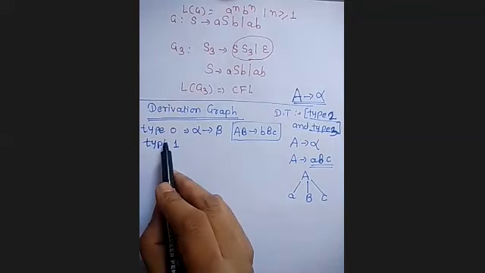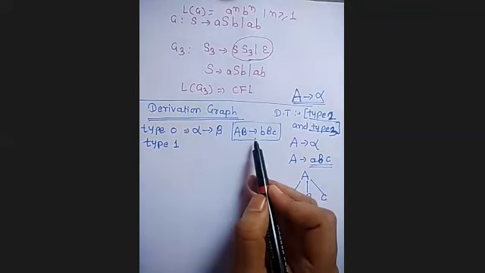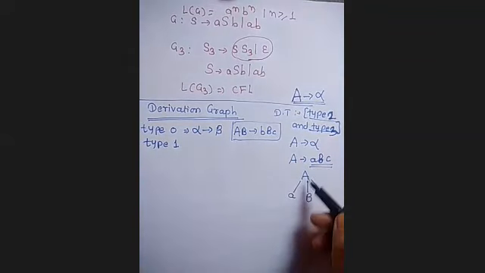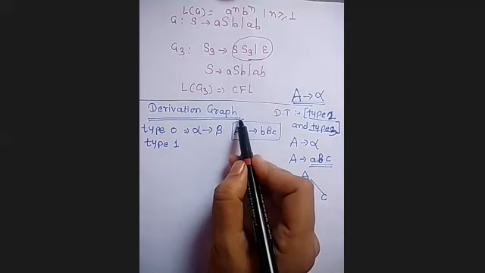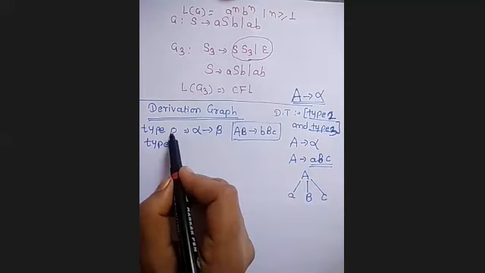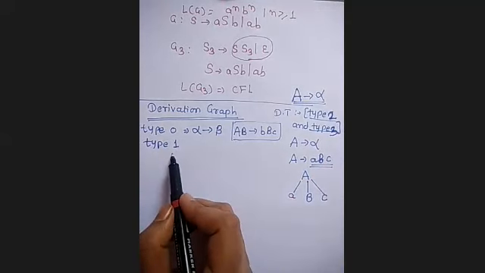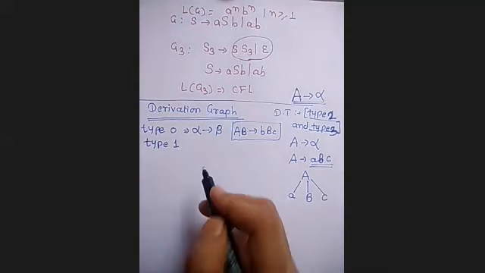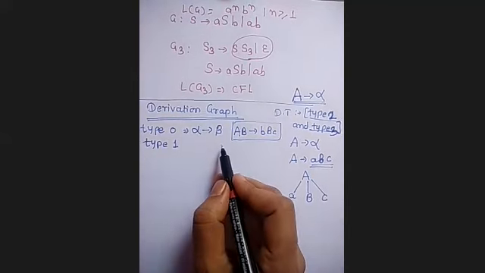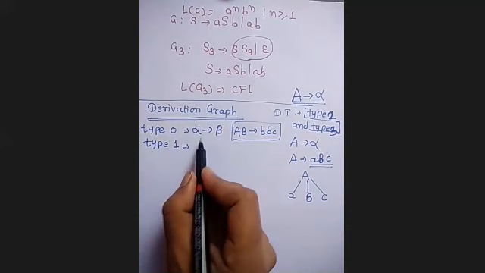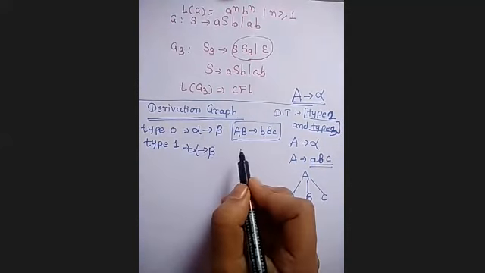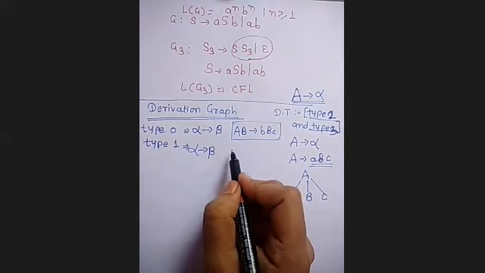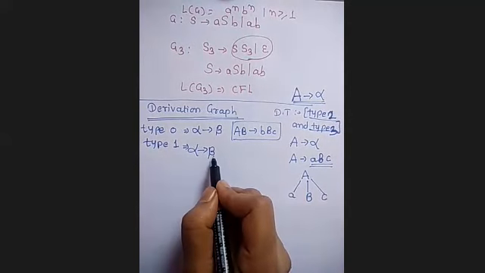If this is the type of rule, we cannot represent it in tree format. So that's why we are going to use a derivation graph for type 0 and type 1. I will take one example of a derivation graph also. In type 1 also, the rules are of the form alpha derives beta, but here the restriction is that the length of beta should be at least as much as that of alpha.